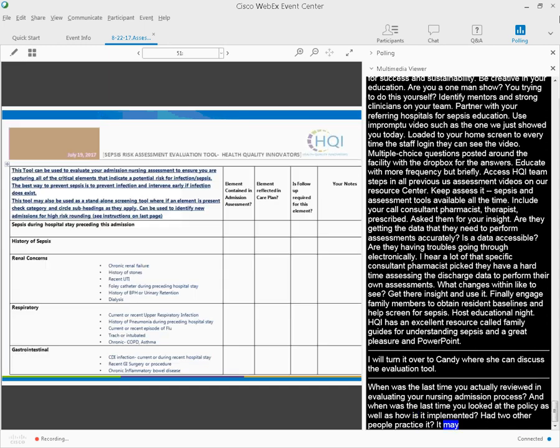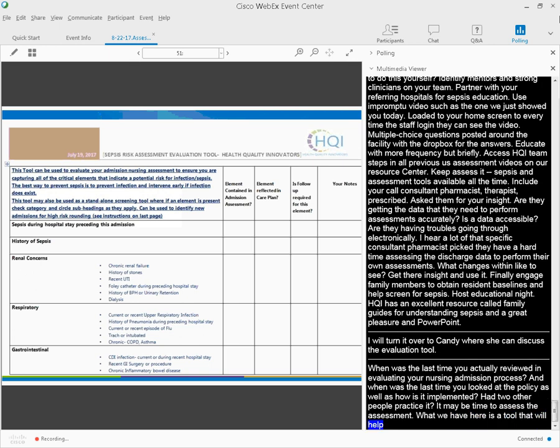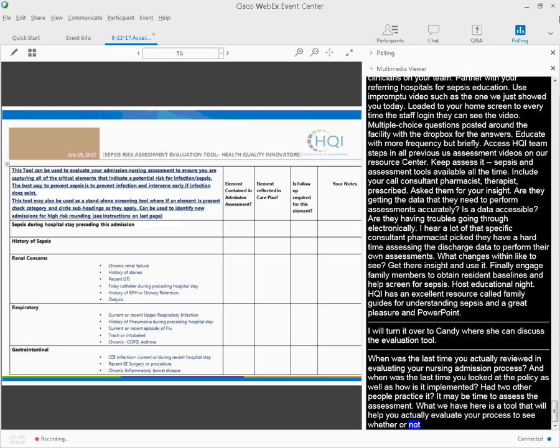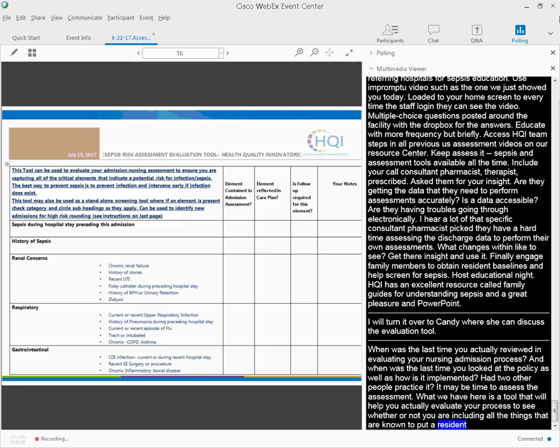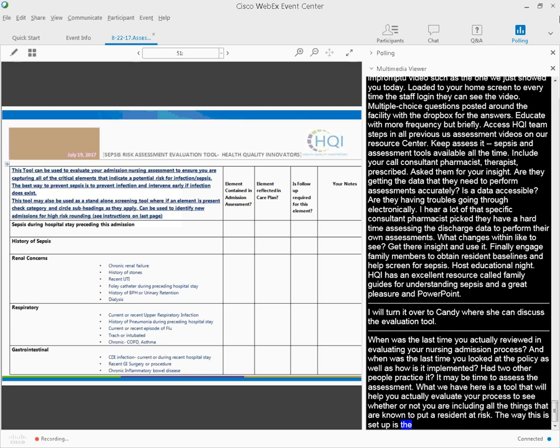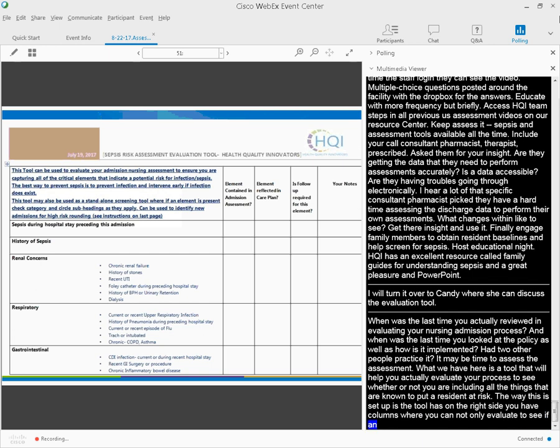So what we've got here for you is a tool that will help you actually evaluate your process to see whether or not you are including all of the things that are known to put a resident at risk. The tool has columns on the right side where you can not only evaluate whether an element is present, but also whether it should trigger something in the care plan, and whether it should trigger a follow-up.